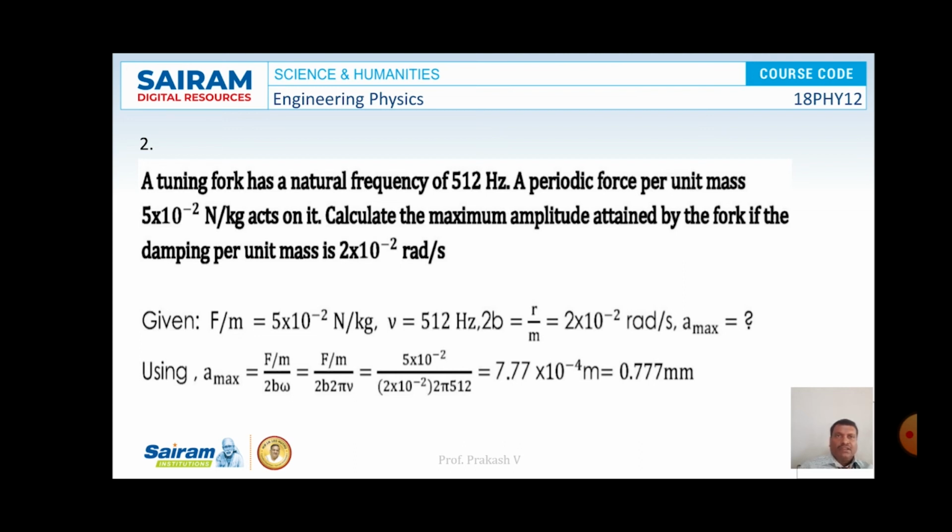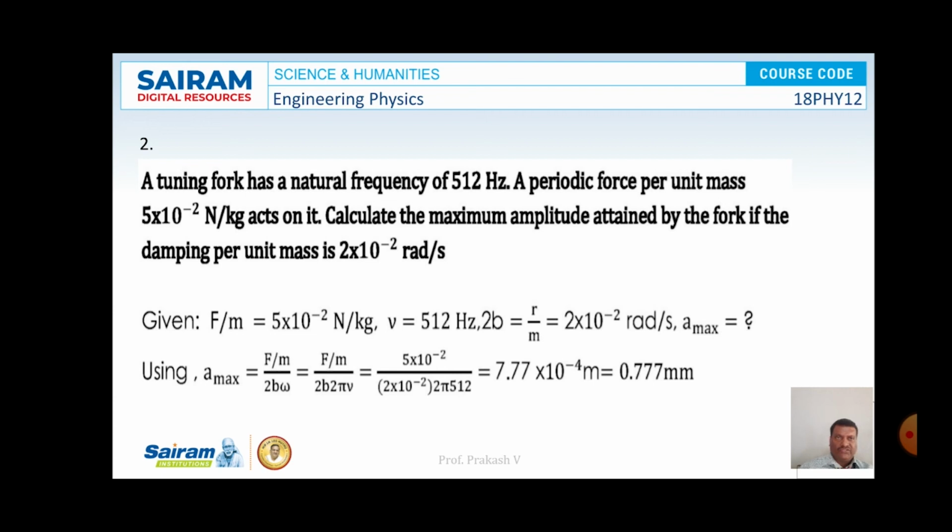Here the given data is F by m equal to 5 into 10 to the power minus 2 Newton per kg, and the frequency mu is equal to 512 Hertz, and 2b is equal to r by m, that is 2 into 10 to the power minus 2 radians per second.